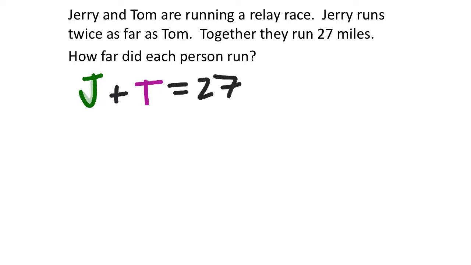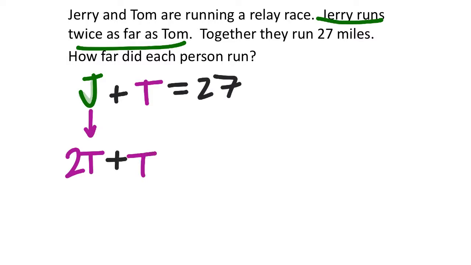But one thing that they told us was that Jerry, he's going to run twice as far as Tom. So instead of writing this with J for Jerry, I'm going to write it as 2 of Tom's distances. So now I got 2 Toms plus Tom equals 27, right? Well, again, combining like terms, 2 T's plus 1 T is going to be 3 T's.